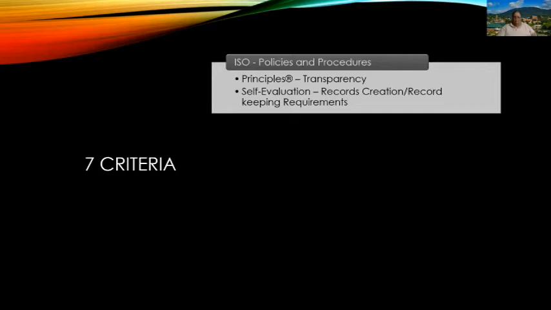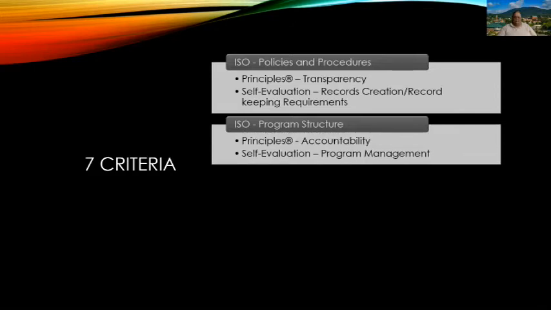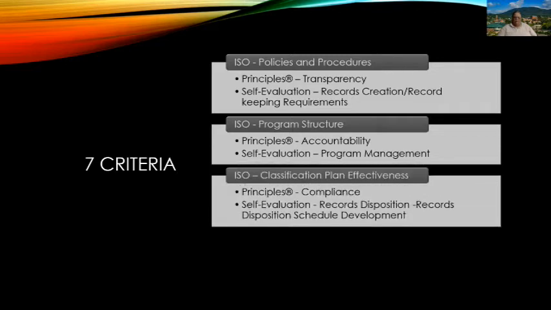And so for policies and procedures, we mapped the principles related to transparency, and then records creation and record keeping out of the self-evaluation instrument. For program structure, I mapped accountability from the principles, and program management from the self-evaluation.